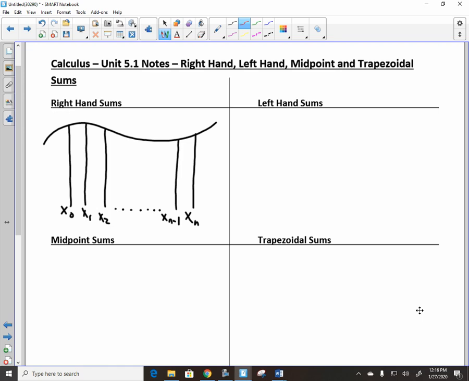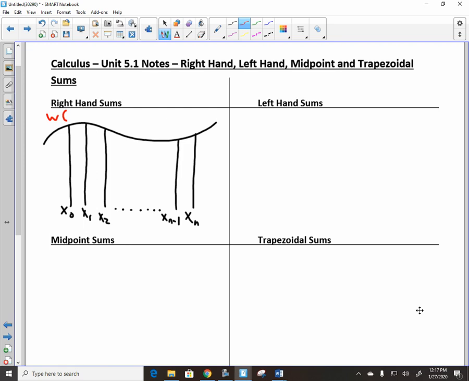So when we use right-hand sums, just recall that we are finding the height at the right hand of the subinterval. We determined that in order to find the area or approximate it, we take the width times the sum of the heights. We add up all the heights.